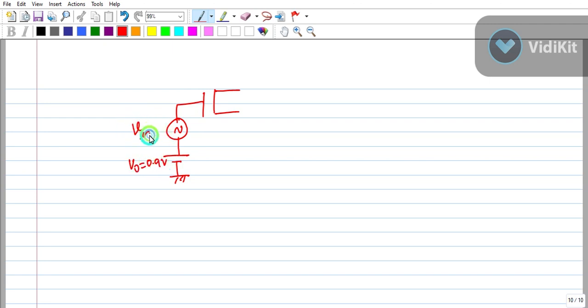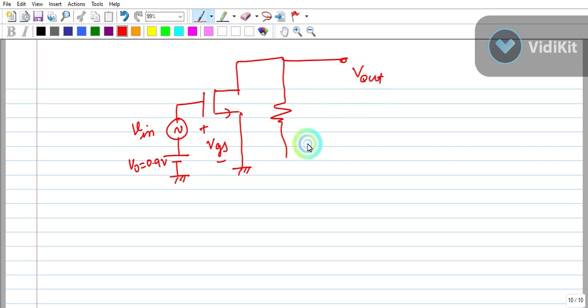This is V in, this is VGS, there is V out, and the ID current is going like this. Okay, so this is 0.9 volt.